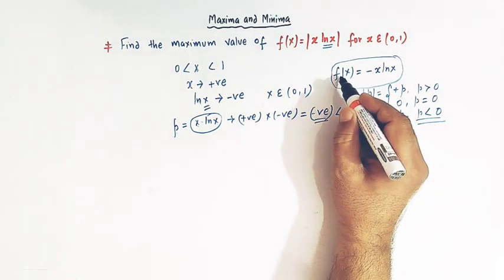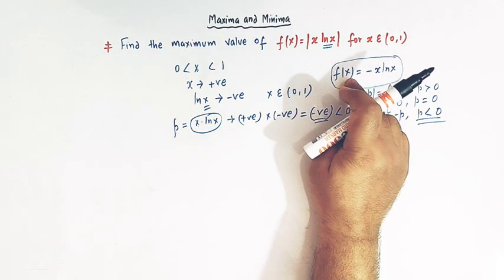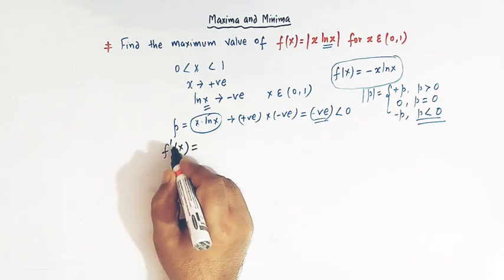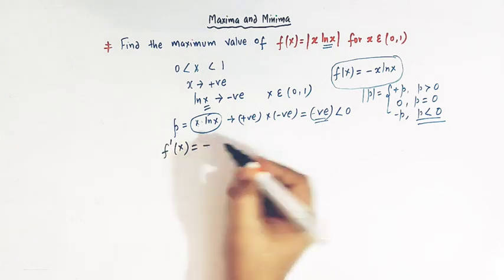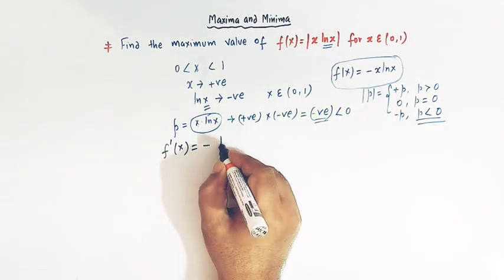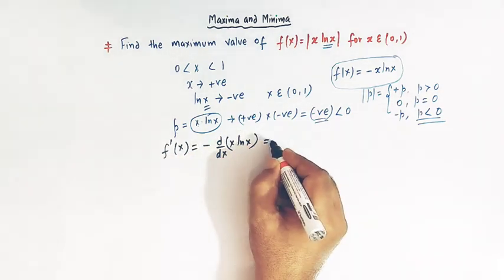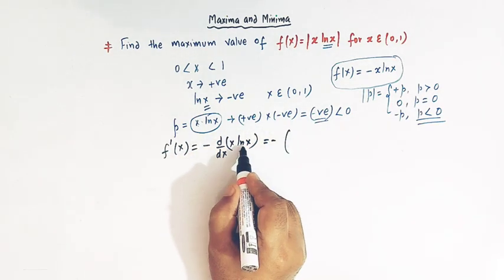Now let us differentiate this function f of x with respect to x, so let us find f prime of x. We have minus here, then the derivative of x times log of x. Here we can use the product rule.